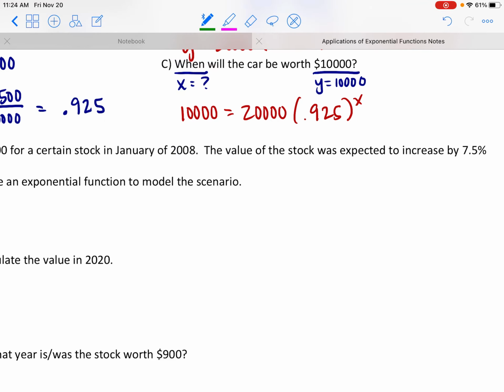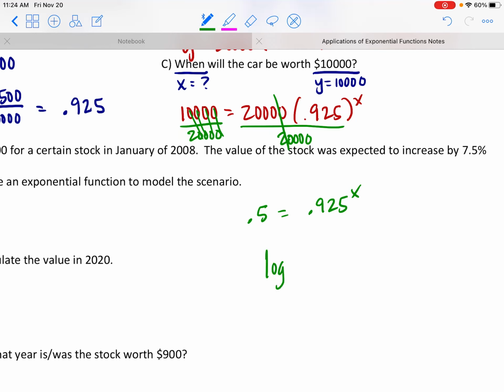If you didn't have technology, if you didn't have a graphing calculator or something nice like Desmos, you'd want to solve this using logs. So you're going to divide both sides by 20,000, and that's going to leave you with all those zeros going away. It's going to leave you with a half, so 0.5 is equal to 0.925 to the x power. Now you can take the log of both sides, or you can just rewrite this.